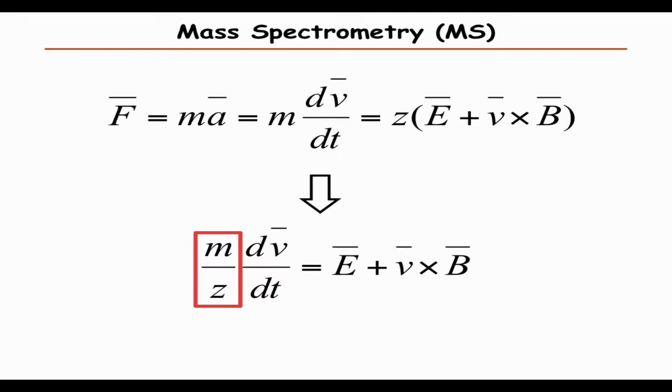So the meaning is that we can never measure mass. We can just measure mass divided by charge. And that's the general thing in all the... we can, as you see later, infer charge in different ways. But really what's measured is mass divided by charge.